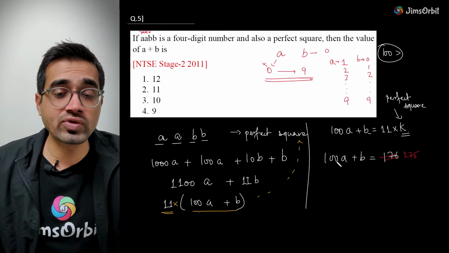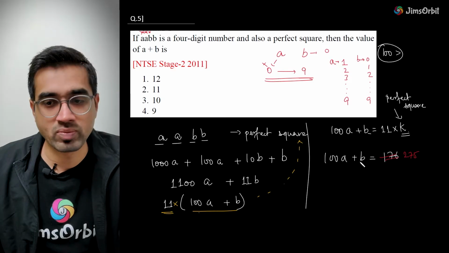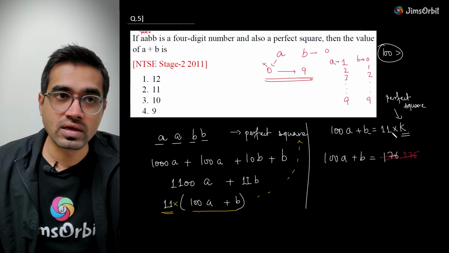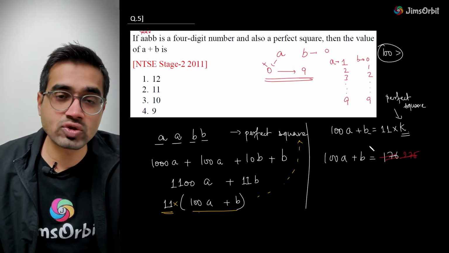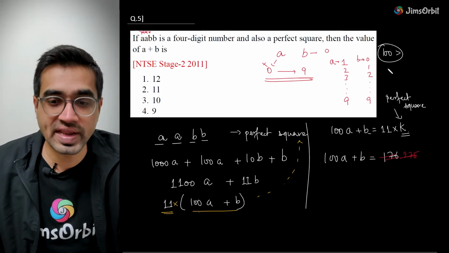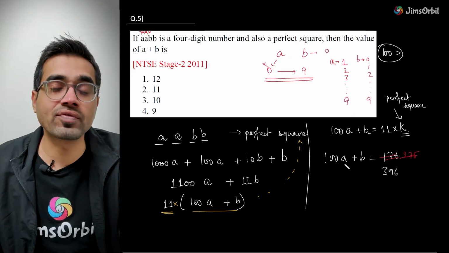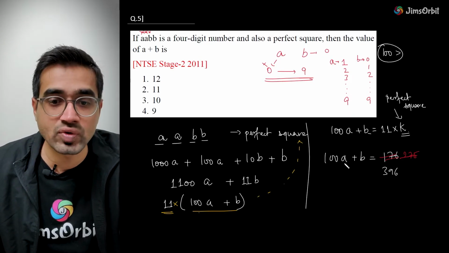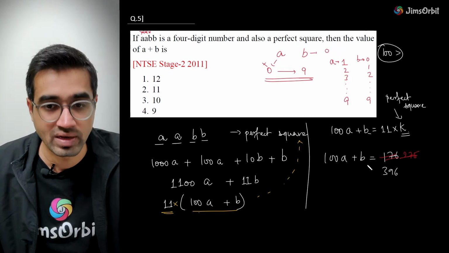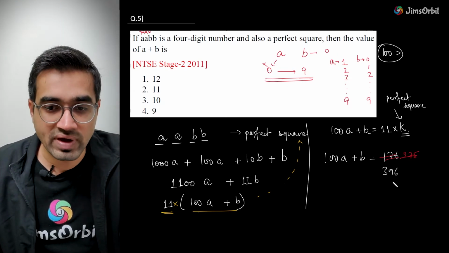Again, if you put 2 here, you get 200 plus 75 you need. Not possible. Not 3, sorry. 6 square, 36. So 396. So the next is 396. Again, if you are stuck, because if you put A as 4, you get 400. If you put A as 3, you get 300 plus 96. Not possible. Okay, how much have I done? 6.